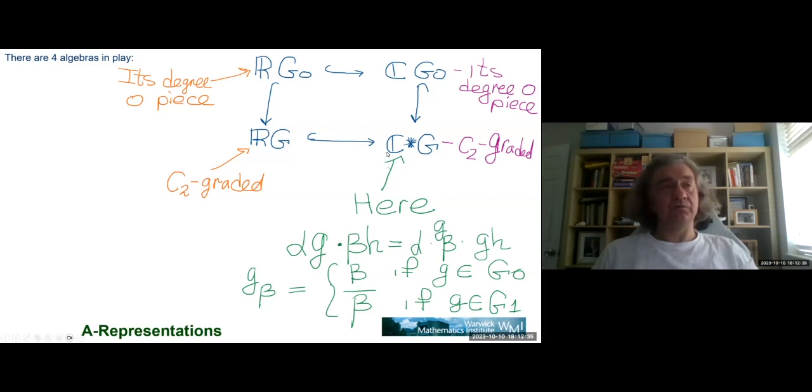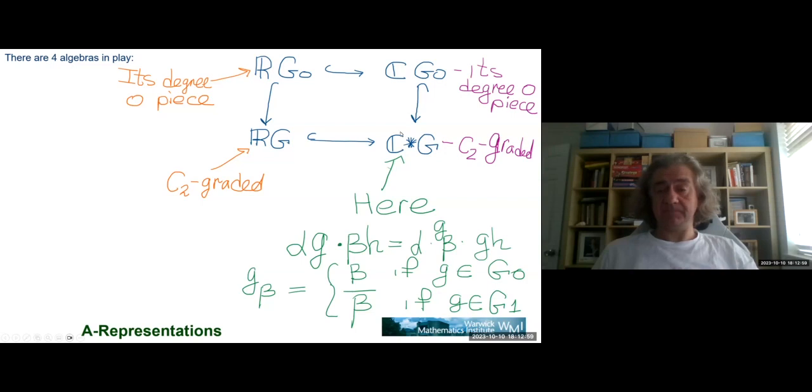And then we can take the semi-direct, what is it called, the twisted group algebra with complex numbers. So this is the multiplication in this group algebra. If g is even, nothing happens. And if g is odd, then you do complex conjugation.